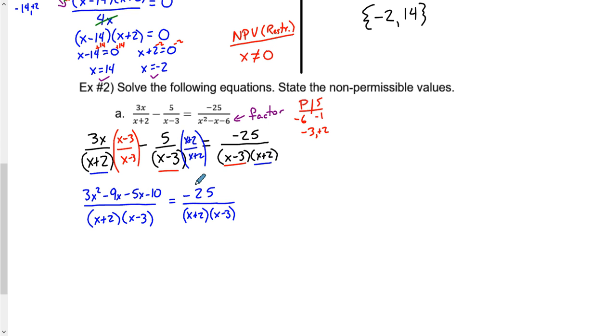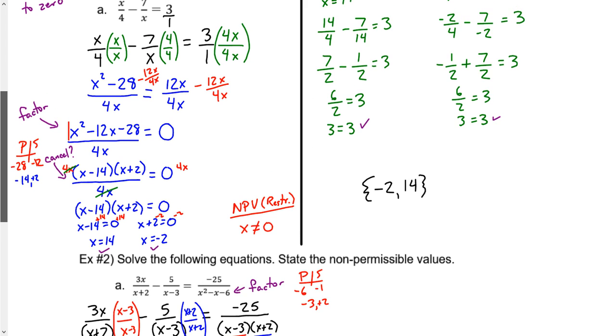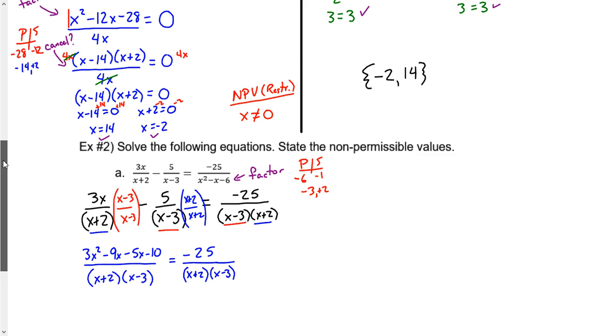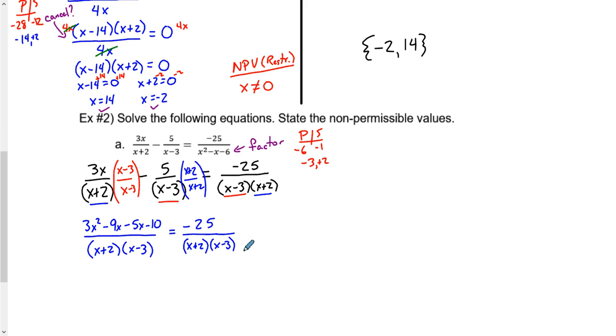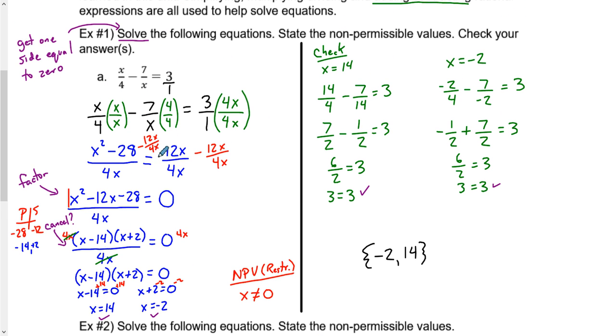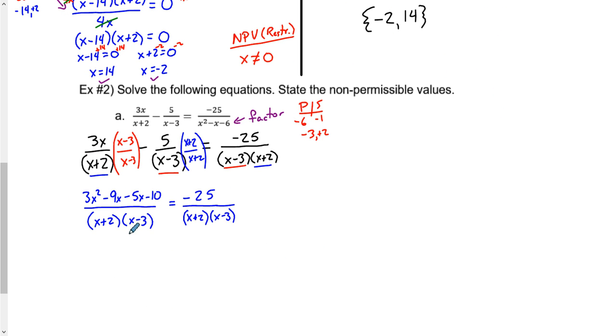But I need to get one side equal to 0 in order to solve. We need to get one side equal to 0. The shortcut to this stems from what we're doing here. On this one, we subtracted a 12x over 4x because we had the common denominator. If we already have a common denominator, all we have to do is just get rid of the numerator.